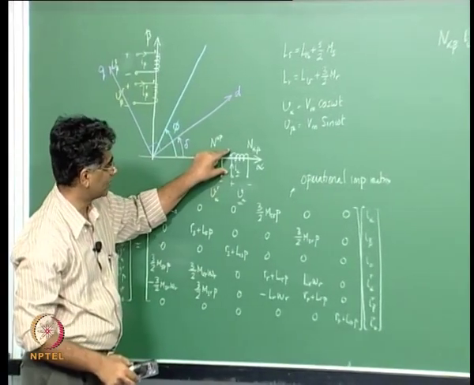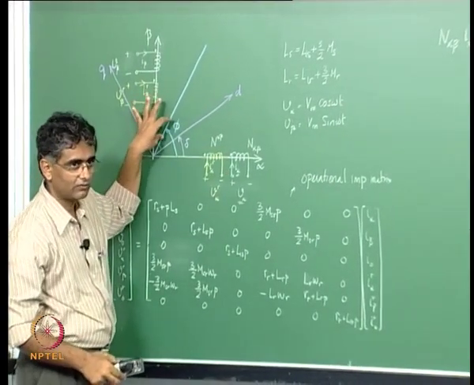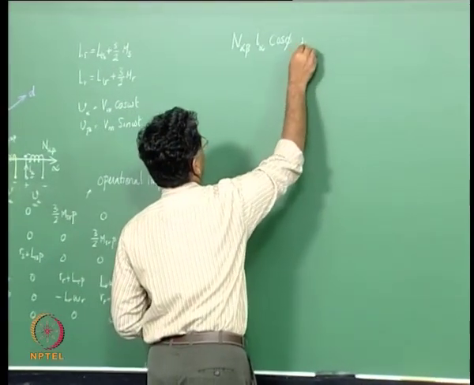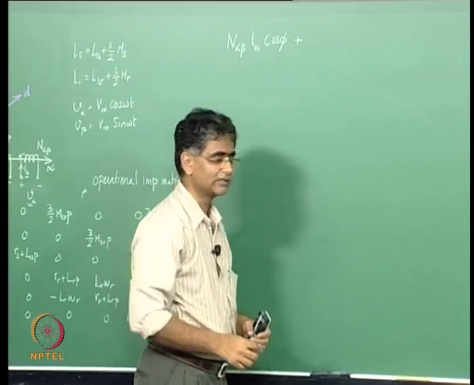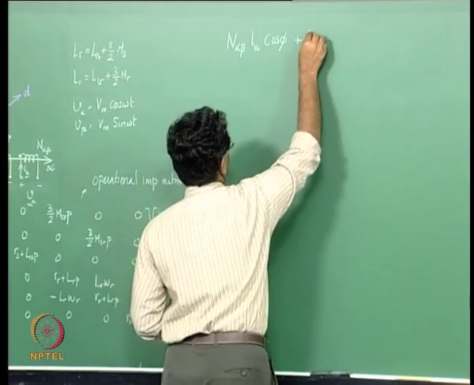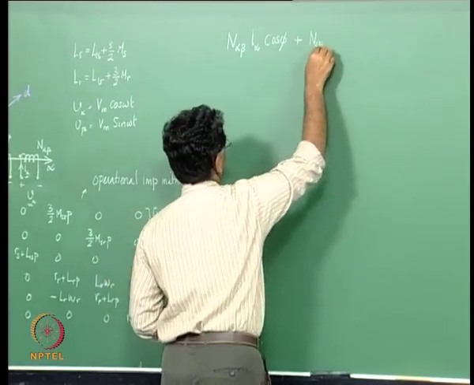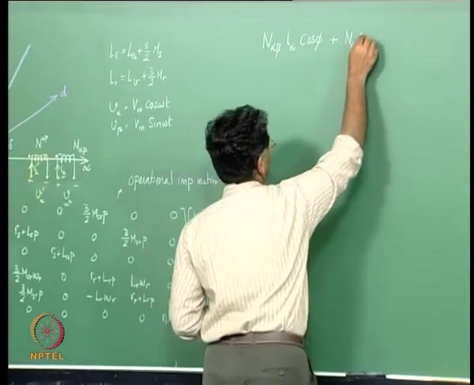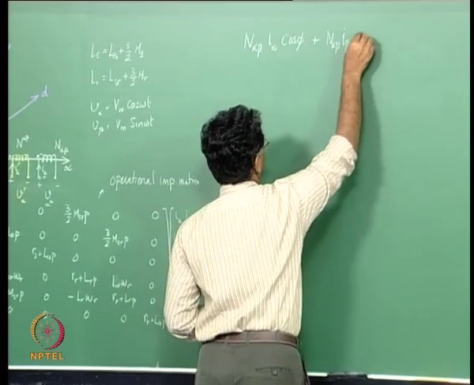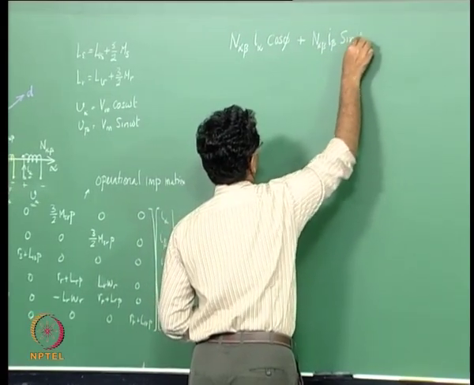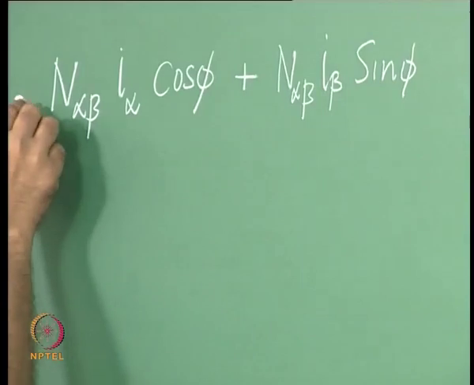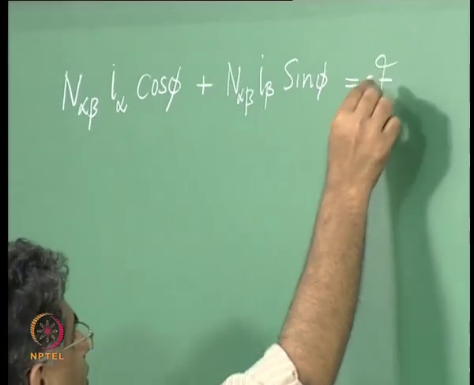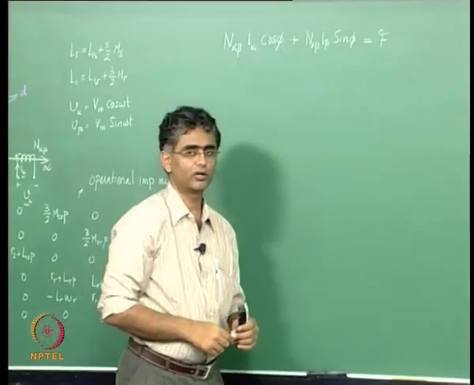due to this current at this angle phi, and then you have the MMF due to the flow of current in the other axis, which one can write as n alpha beta again, because the number of turns are the same in both axes, this multiplied by I beta multiplied by sin phi. So, this is then the MMF f at a particular angle phi.